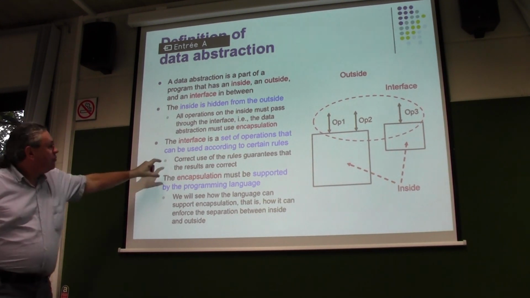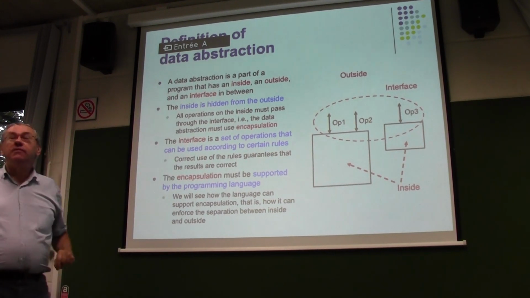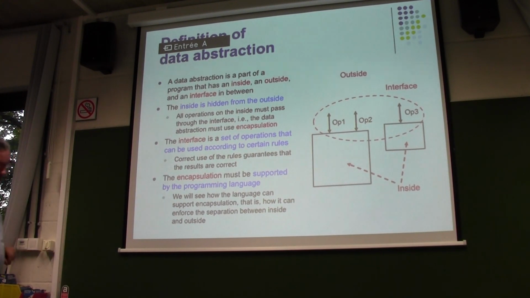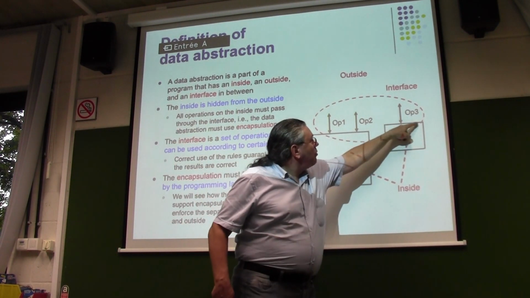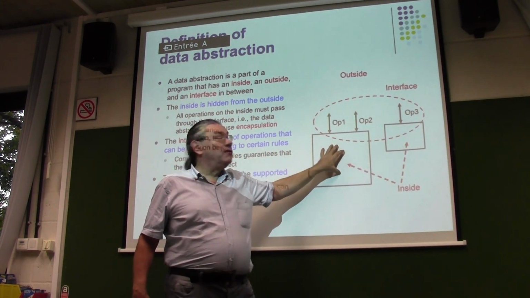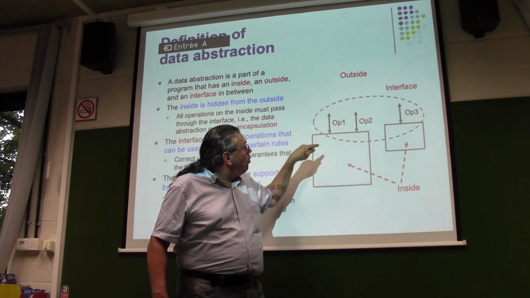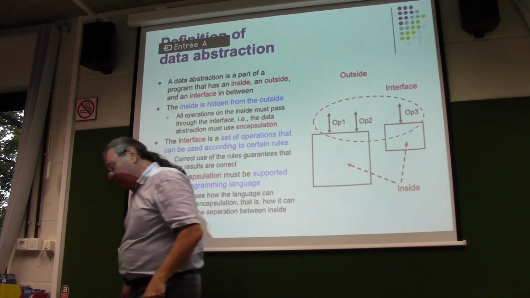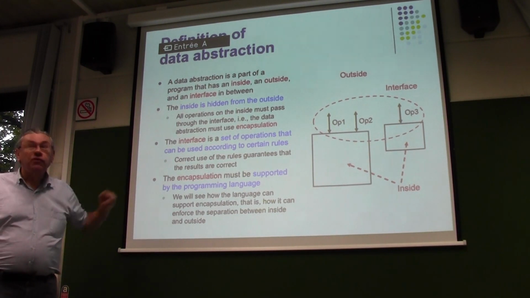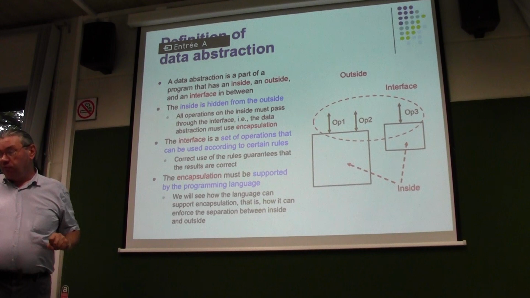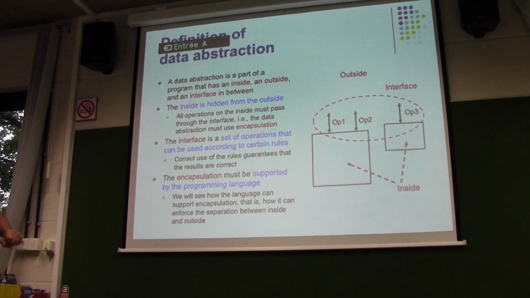And if you do that, then you guarantee that the data abstraction is correct. So this is encapsulated, and the programming language must guarantee that there is no way you can go inside and cheat, okay? The encapsulation has to be supported for this to be real data abstraction, okay?